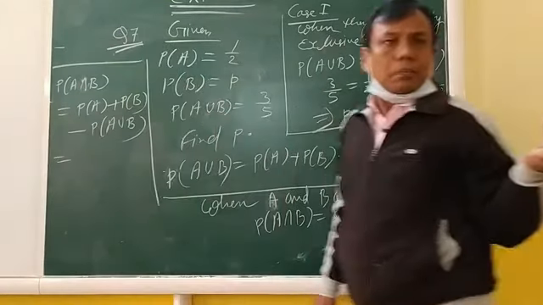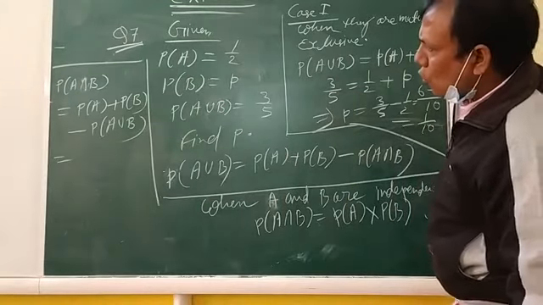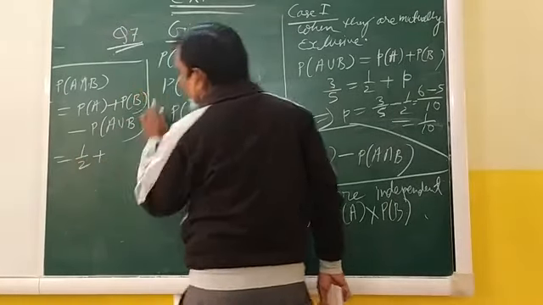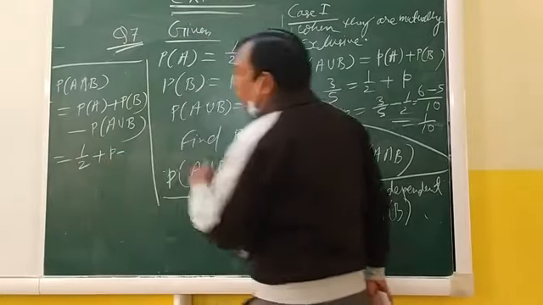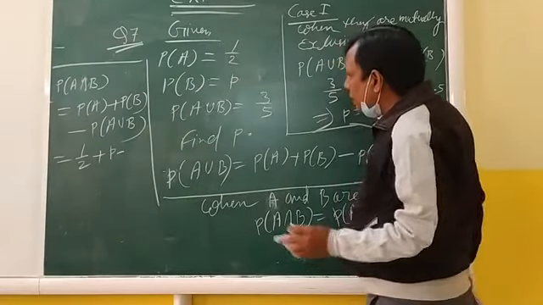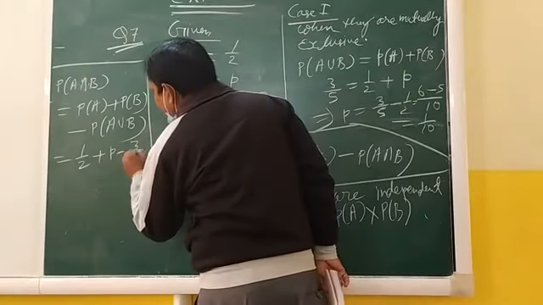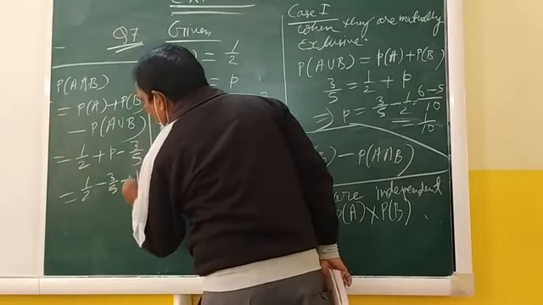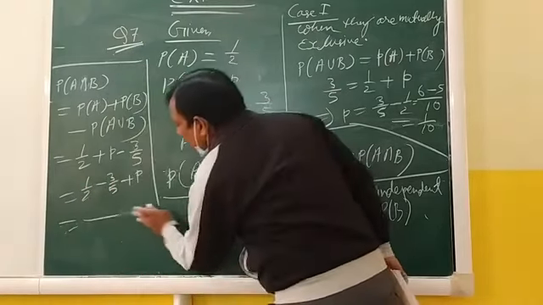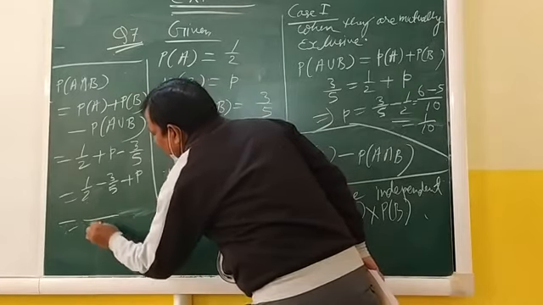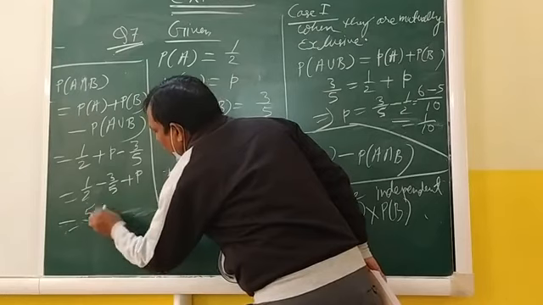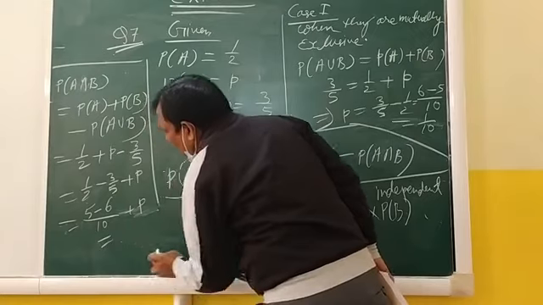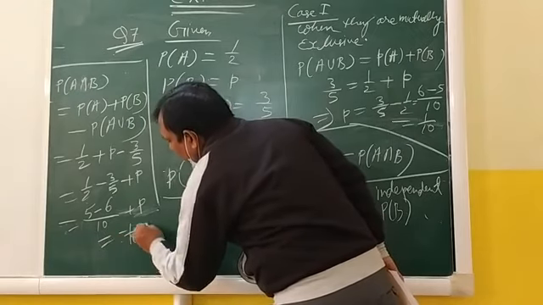Okay, now put the value. P(A) is 1 by 2, P(B) is small p, P(A union B) is 3 by 5. So it is 1 by 2 minus 3 by 5 plus p. LCM of 2 and 5 is 10, so it is minus 1 by 10 plus p.